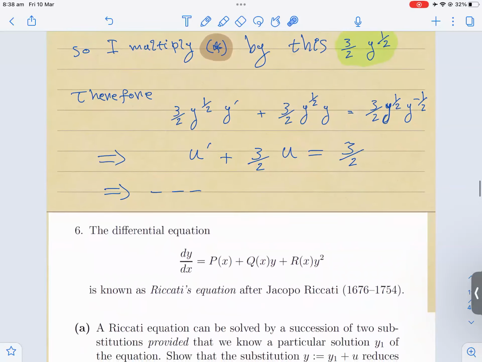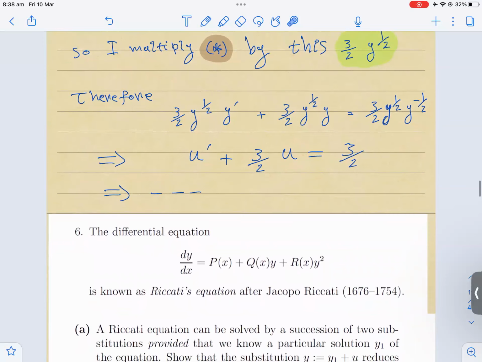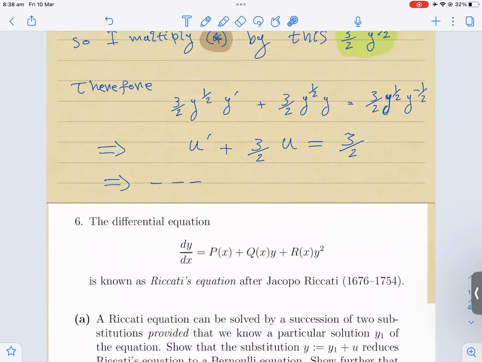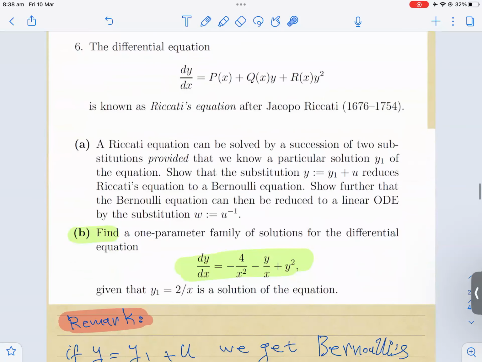So, one Bernoulli question. Do you have any questions about Bernoulli? Okay. And you will have one question about Riccati. This will happen in your mid-semester exam. So 50% of your job is to be able to solve the ODEs analytically, and 50% is to be able to distinguish what the ODE is.